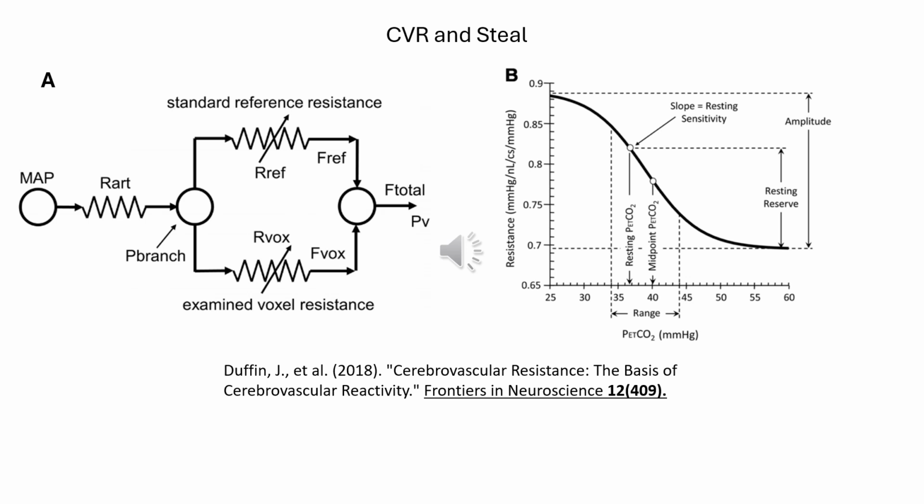There will be a resulting pressure loss through R-art to determine P branch, depending on the total supply flow and competition for flow between the two branches.